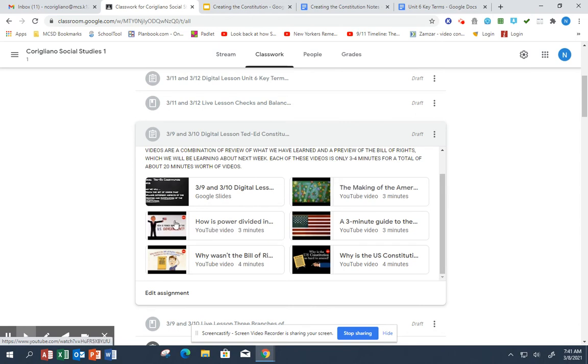And then you're going to move on to how is power divided in the United States government. These 2 take a look at the creation of the government and what the government looks like as a whole. And then the next 3 videos look at the Bill of Rights. So we're going to review what we've been talking about, and then preview what we're going to be talking about either at the end of this week or the beginning of next week.